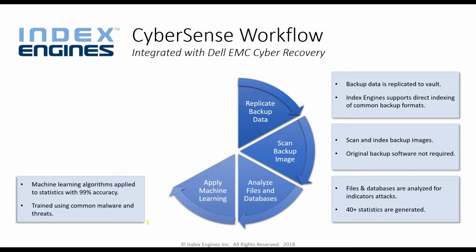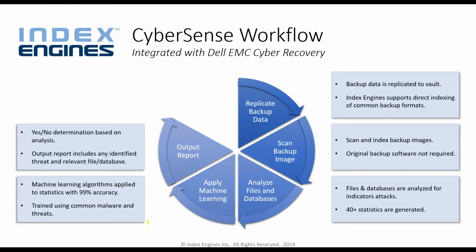We trained the algorithms to understand those malware and their effect, and then apply that to the 40 plus analytics generated by CyberSense, to come up with an output report that's a yes/no determination that says there's been some level of attack that has occurred or is in process. With the machine learning algorithms, we're seeing up to 99% accuracy on that analysis of attacks.